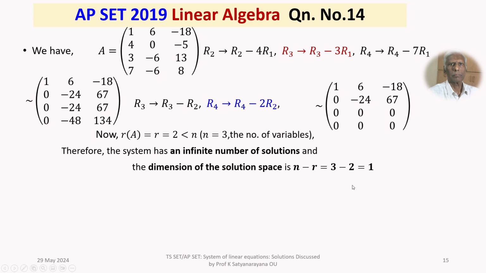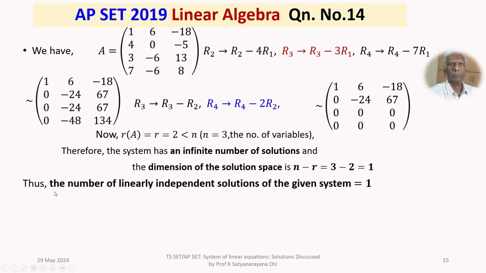N is 3, r is 2, that is 1. The dimension means the number of linearly independent solutions. That is what is asked in the given question. The number of linearly independent solutions of the given system is n minus r, that is equal to 1.